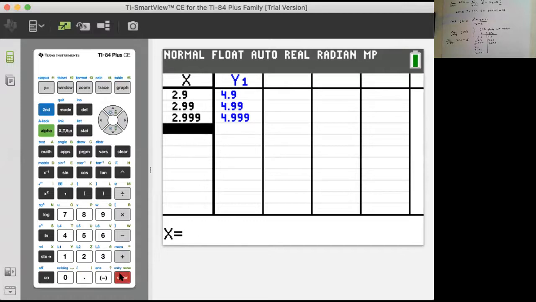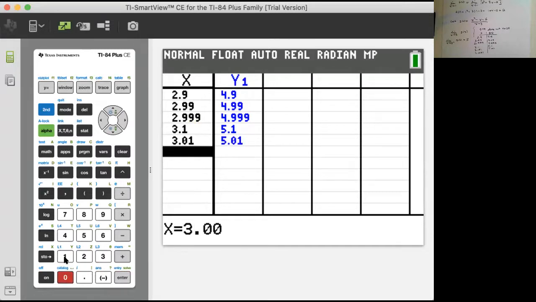And now we're going to choose numbers close to 3. So how about 3.1? Gives us 5.1. 3.01 gives us 5.01. And 3.001 gives us 5.001.